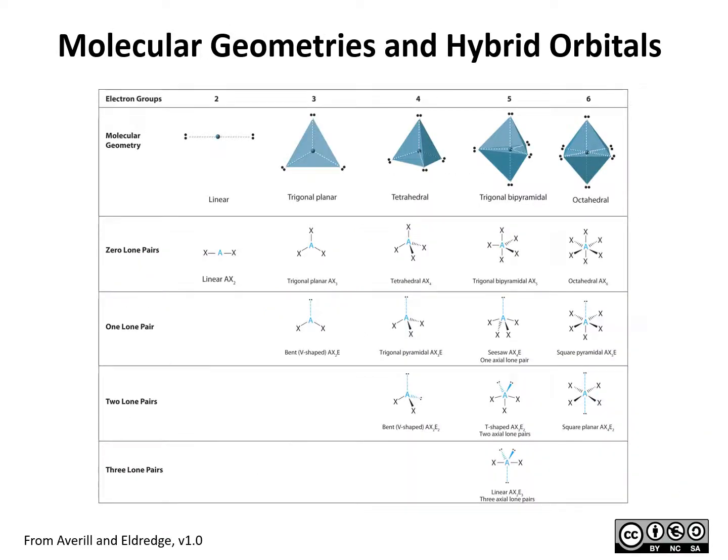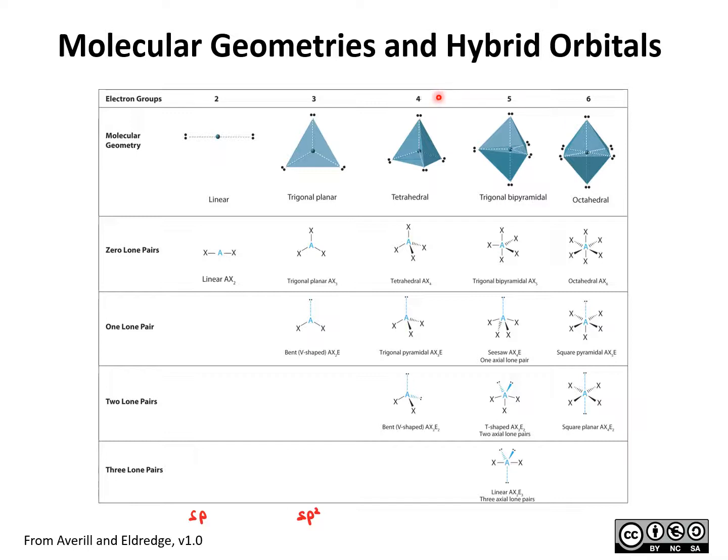This is an important chart that summarizes the hybridization based on the number of electron groups in a molecule. So we see from this chart that molecules with 2 electron groups, namely molecules with the VSEPR class AX2, are all sp hybridized. Molecules with 3 electron groups, so molecules with the VSEPR class AX3 and AX2E, are all sp2 hybridized.